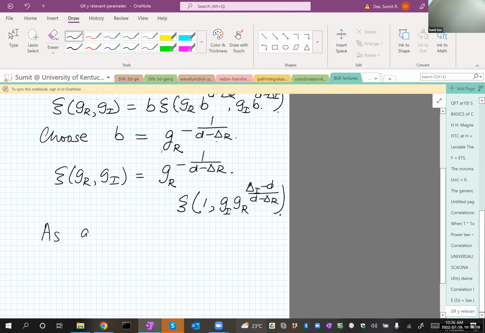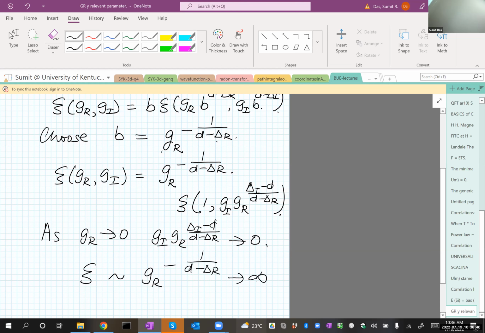As GR goes to 0, this goes to 0, and Xi goes as GR raised to the power 1 minus DR, and that goes to infinity.